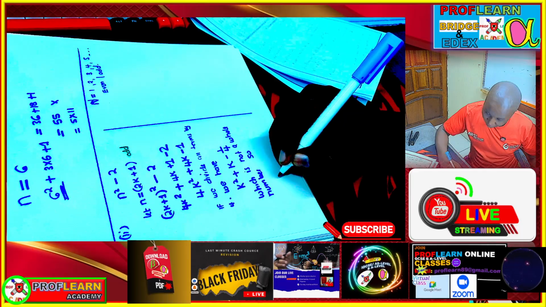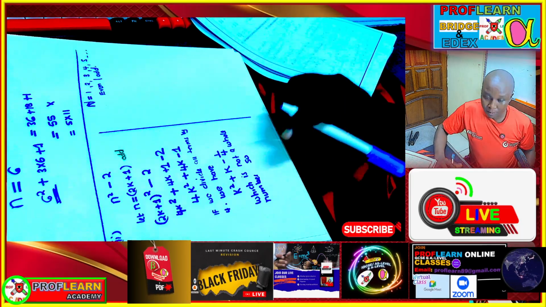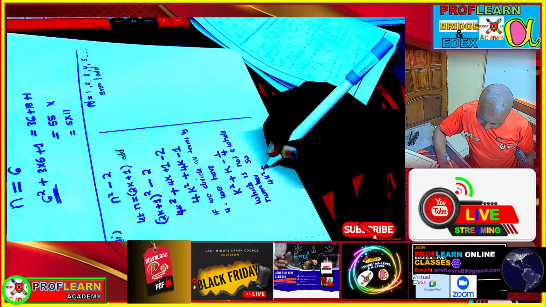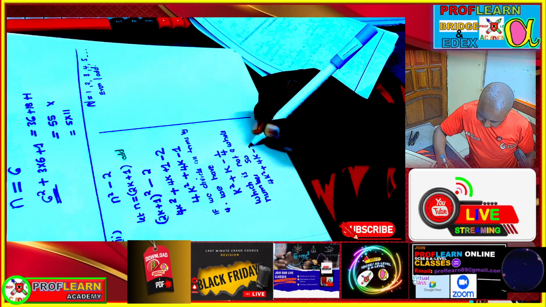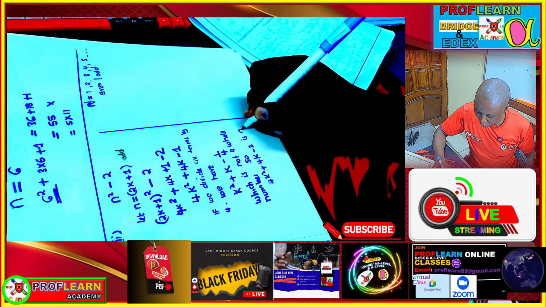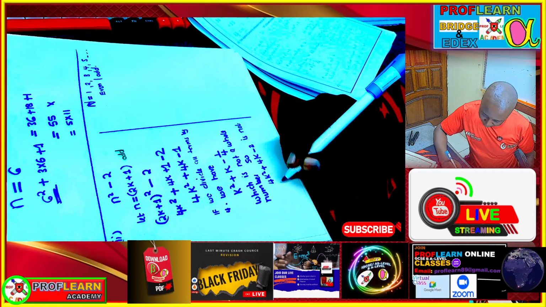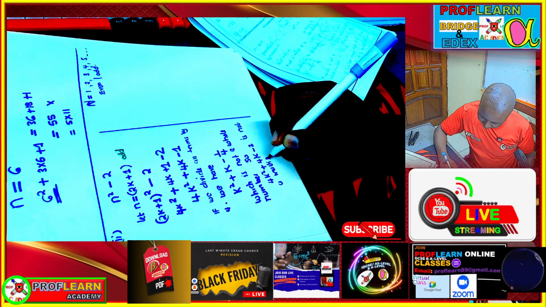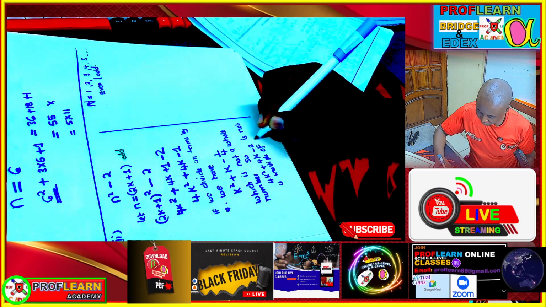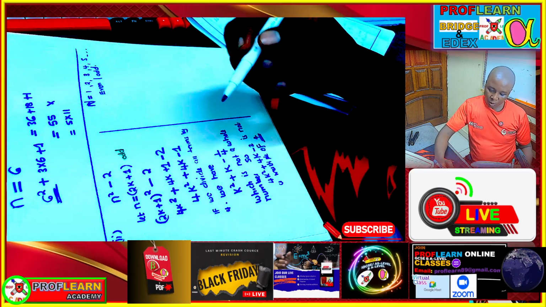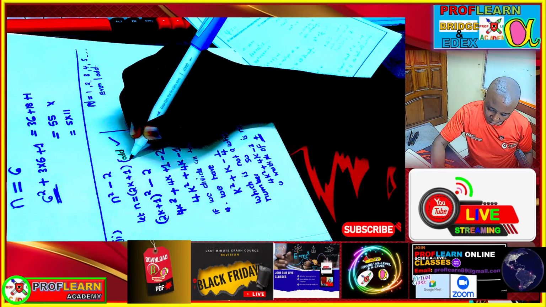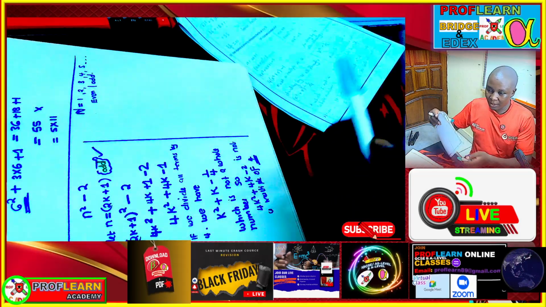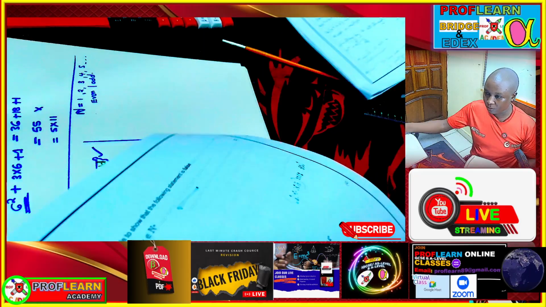So what does that mean? It means 4k squared plus 4k minus 2 is not a multiple of 4. And we have shown this for odd numbers. That's what we have done here for odd numbers. Now let's go ahead and try to show that for even numbers.